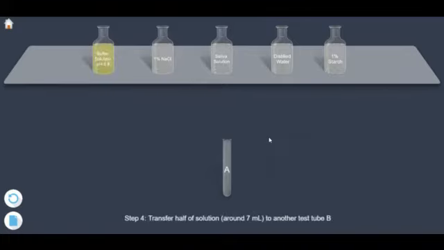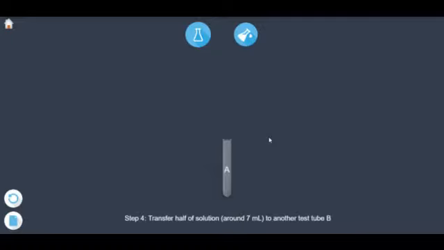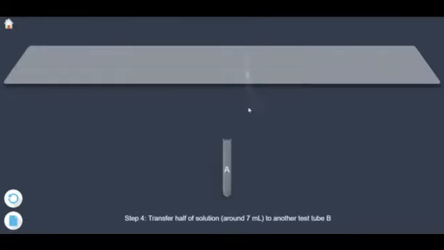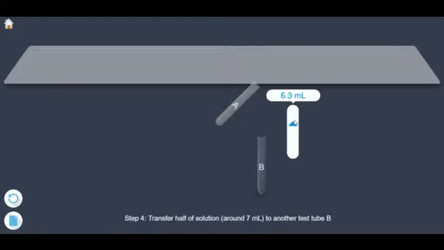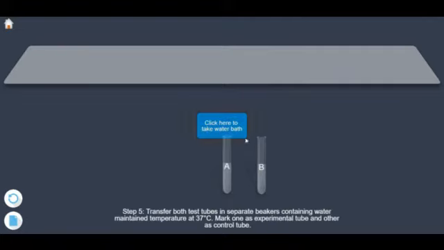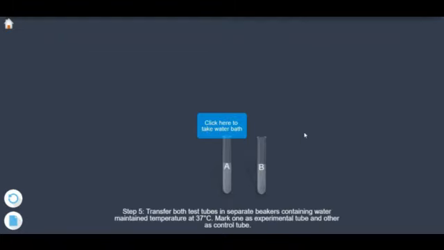Step 4. Transfer half of the solution, that is around 7 ml, to another test tube B. Step 5. Transfer both test tubes into separate beakers containing water, maintained at a temperature of 37 degrees centigrade.